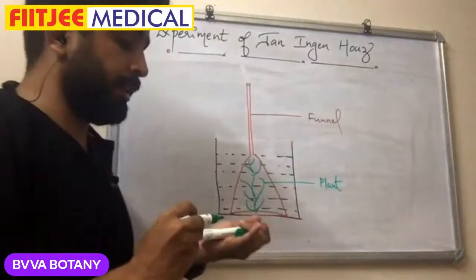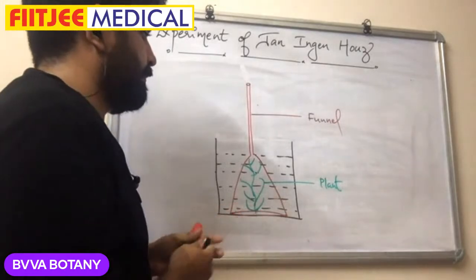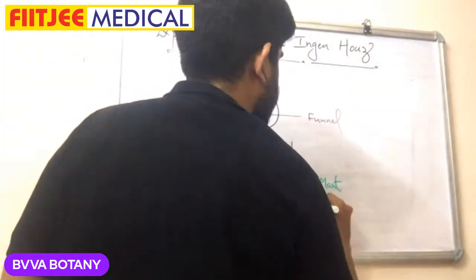A plant like Vallisneria can be taken, and this is the beaker containing water.